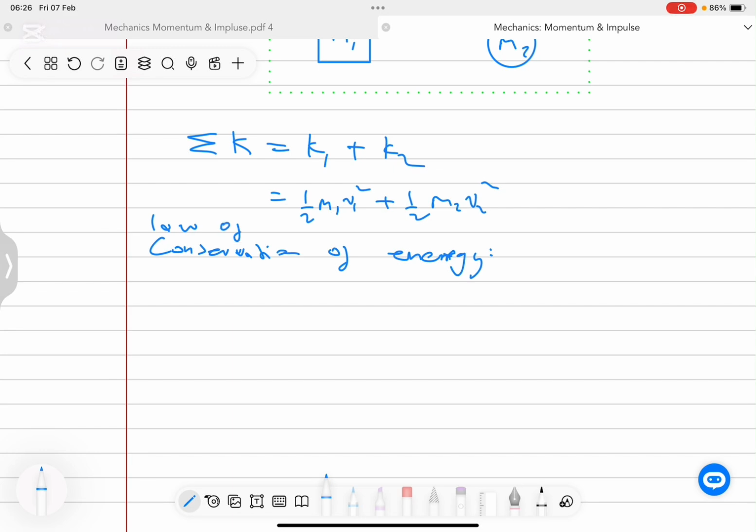This law states that energy cannot be created, nor destroyed.